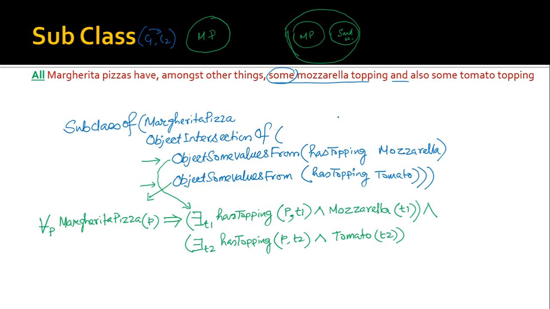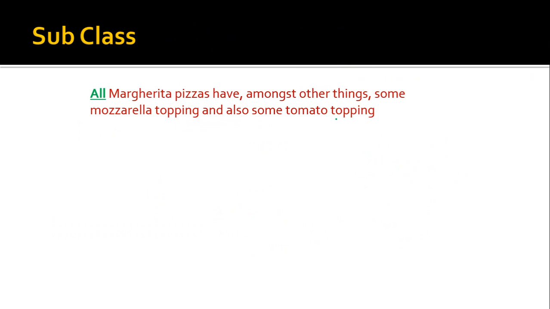So what we are trying to say here is that MP is a subclass of something that has some topping tomato plus mozzarella, right?